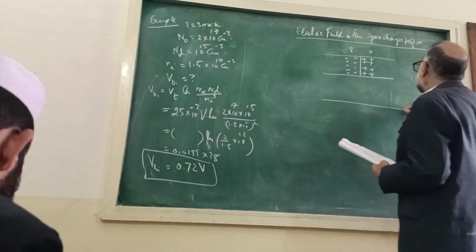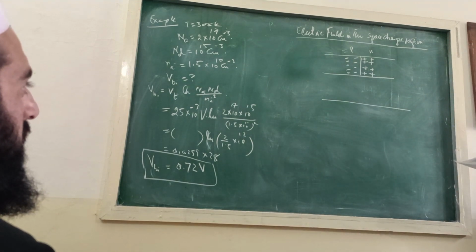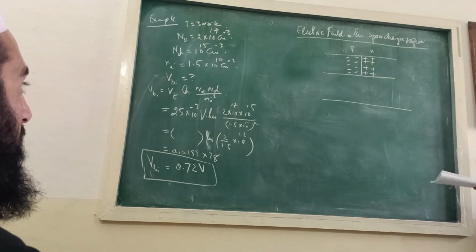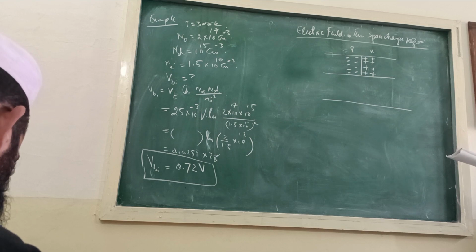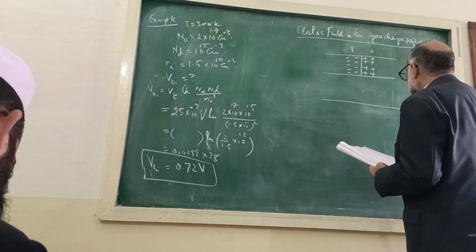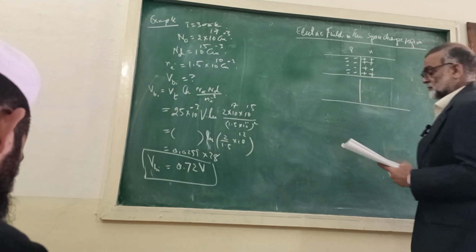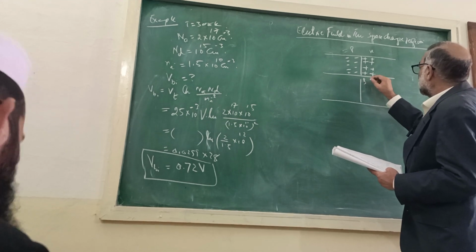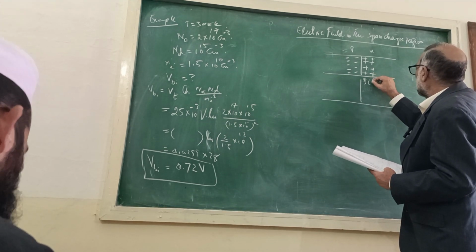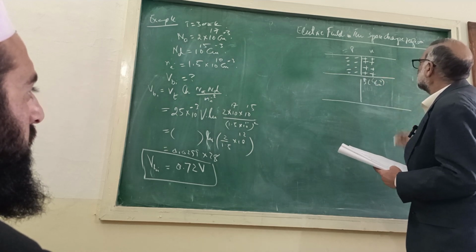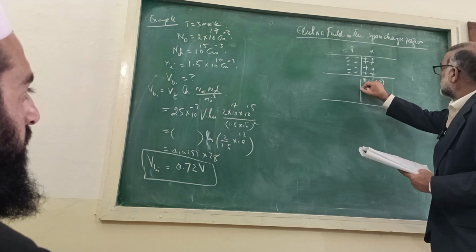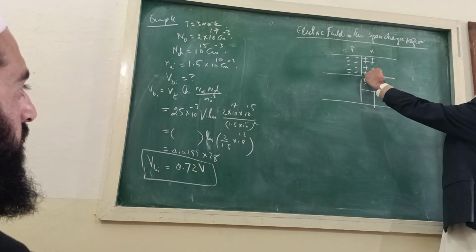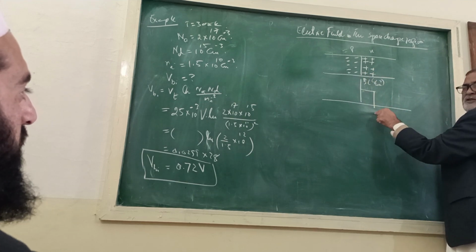If I write the electron and hole densities, that's a constant here because it's a uniform crystal, so it will have the same concentration and the same density. Here there is a positive charge. If I represent the charge density by rho, in coulomb per centimeter cube, there is a constant from here to here, and when the space charge region finishes, the density is 0.